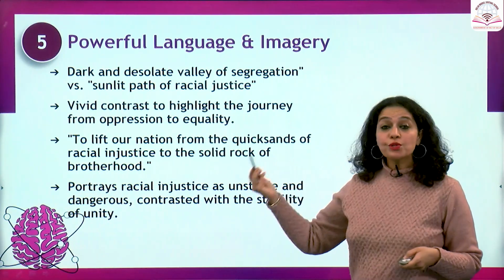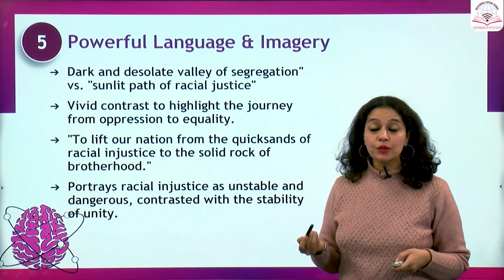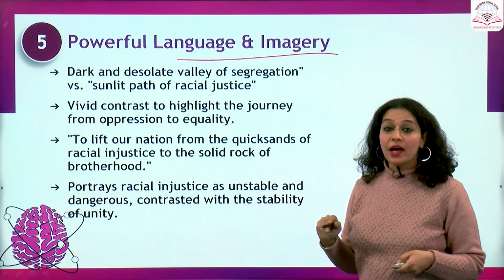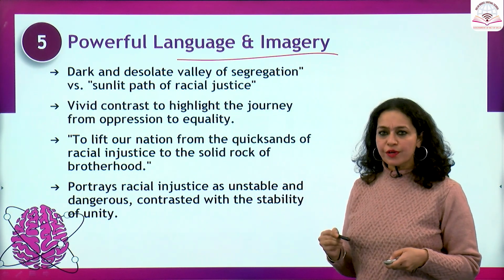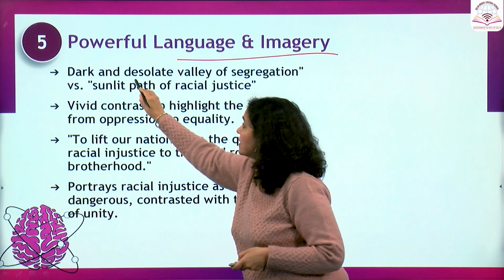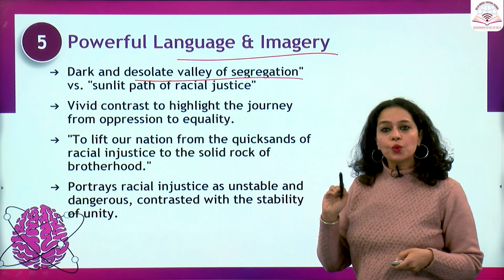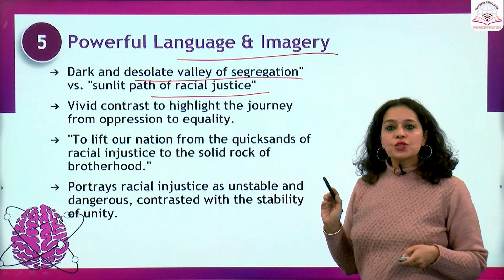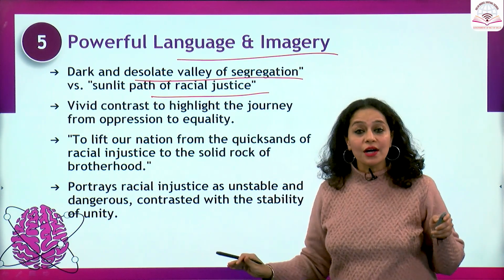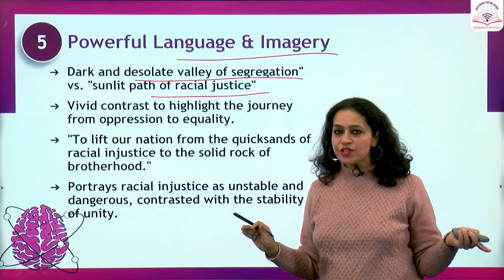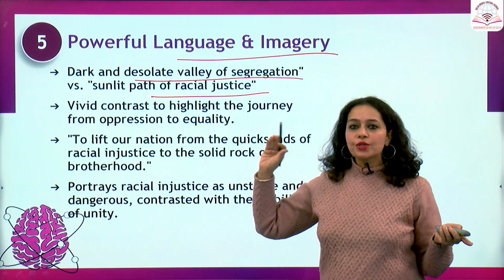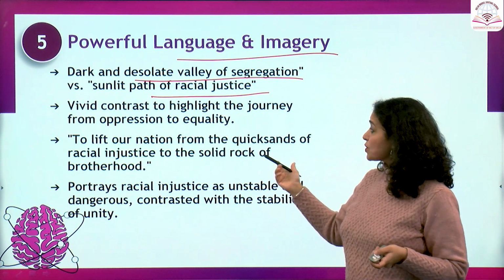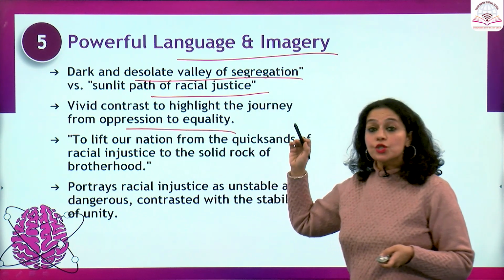And now the most important persuasive technique that Martin Luther King employs in his speech is the use of powerful language and imagery. He uses certain phrases like the dark and desolate valley of segregation versus the sunlit path of racial justice. So in this, he strikes a contrast between the desolation of injustice in comparison to the sunlit path of freedom and unity. Then he also contrasts the journey from oppression to equality.